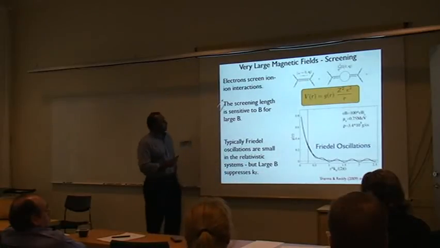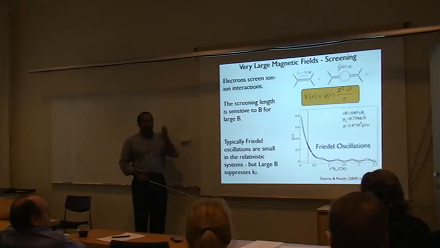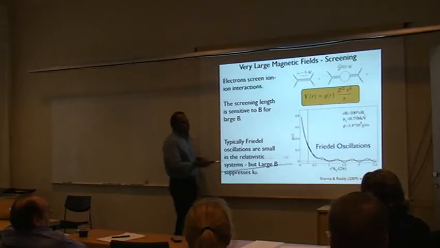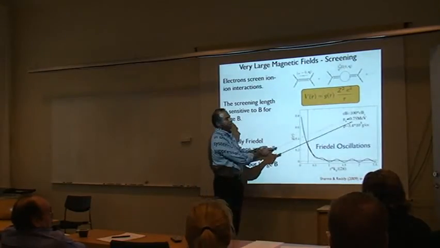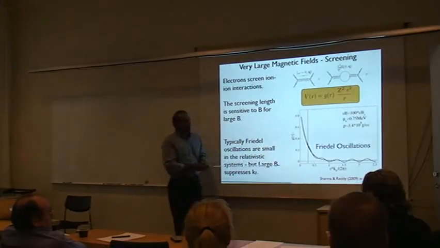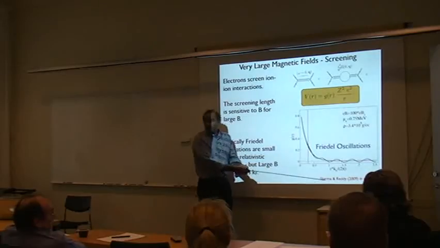Usually Friedel oscillations are unimportant in relativistic systems because the amplitude goes like the mass of the electron divided by the Fermi energy. Now, if you have a large field, even at high density, you can have a small Fermi momentum. So the amplitude of these Friedel oscillations can be large.